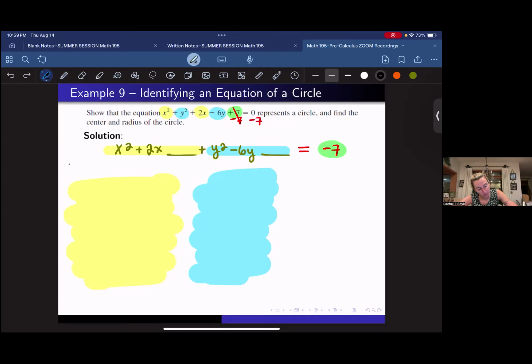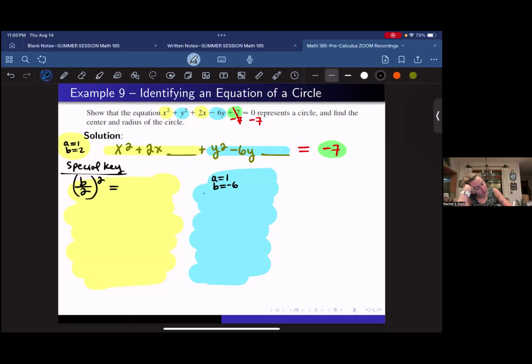Okay, use our special key, our b over 2 in parentheses squared. And so our a for our yellow is 1, our b is 2. Our a for our blue is 1, our b is negative 6.